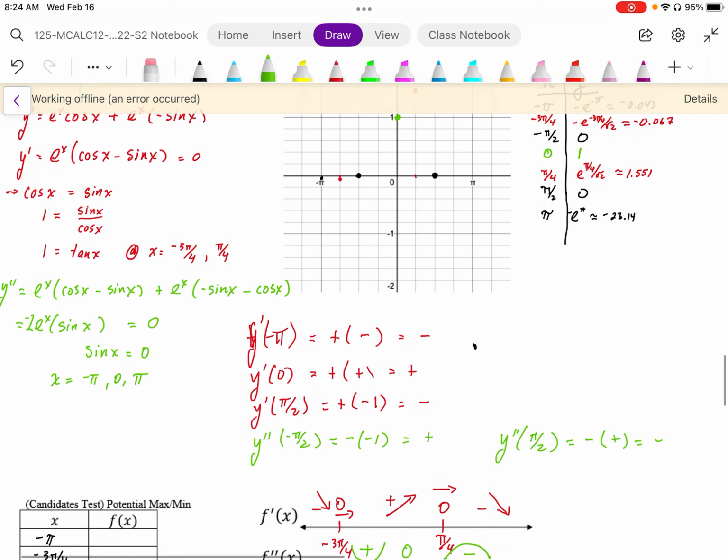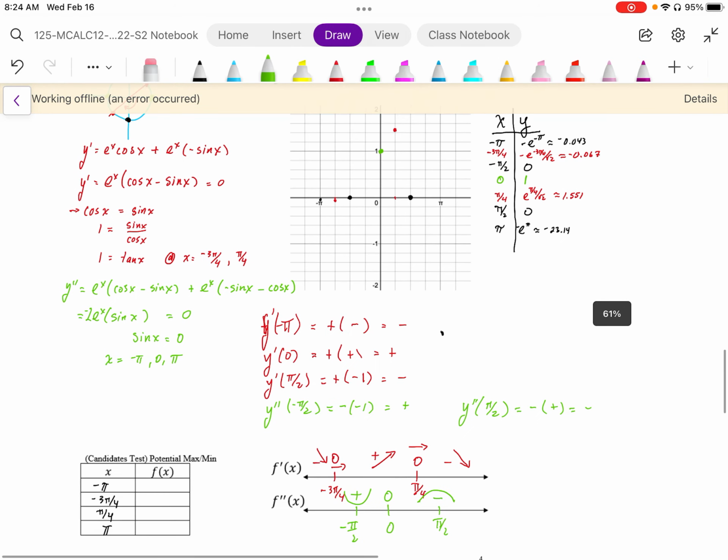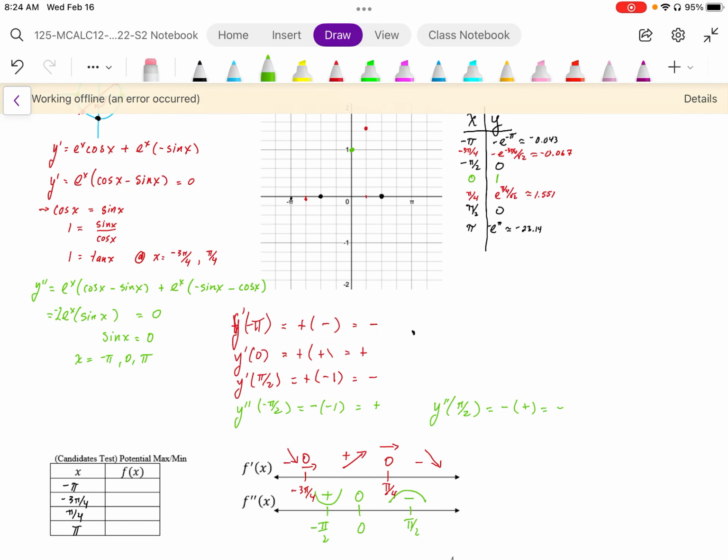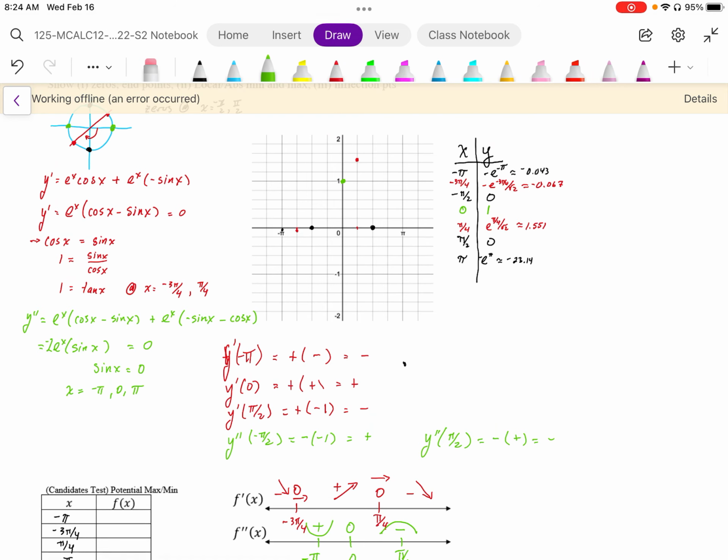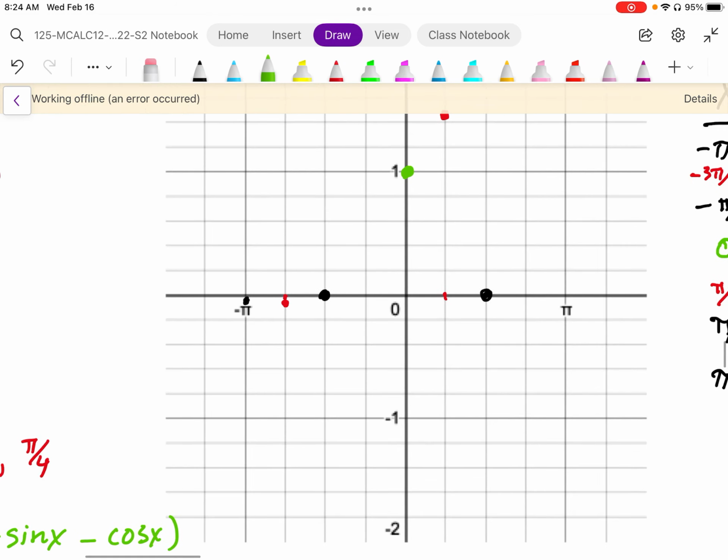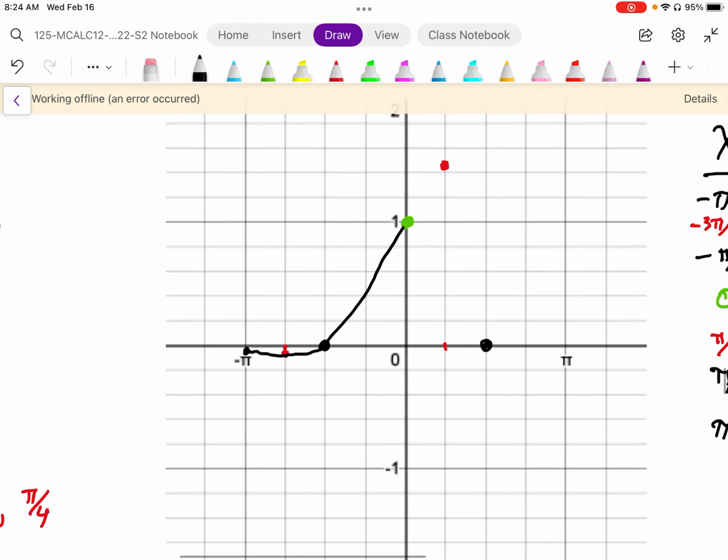I'm going to sketch this graph before we check our candidates. Zooming in here, we know that it's going to come down like this. There's a minimum here. It's going to go through the 0, curve through here and change concavity at this point.